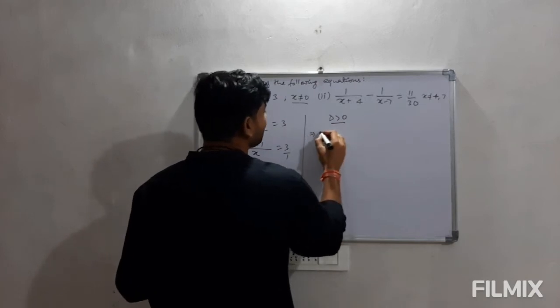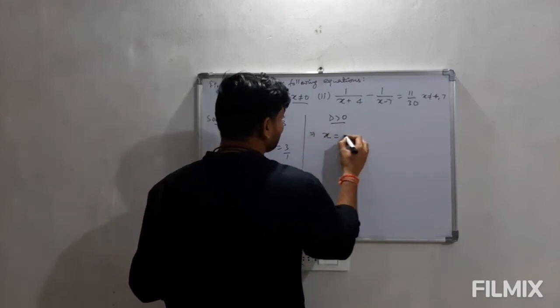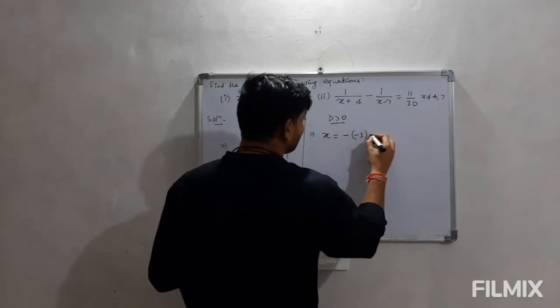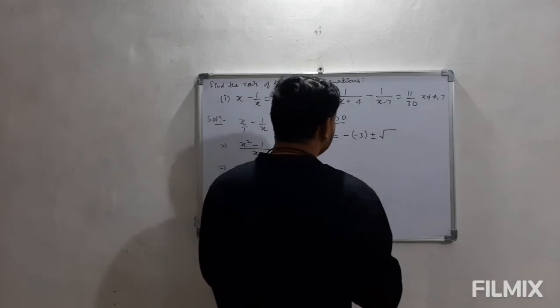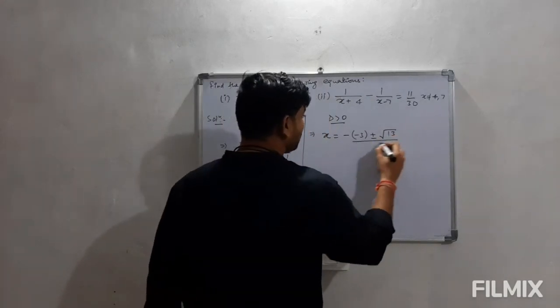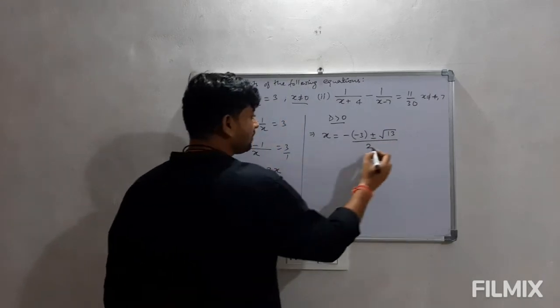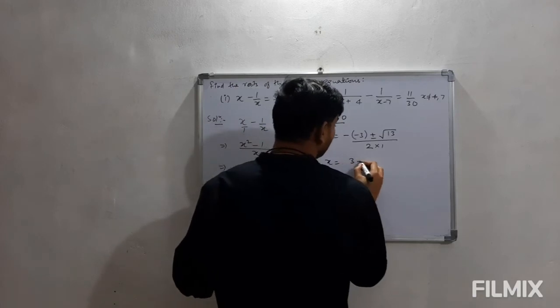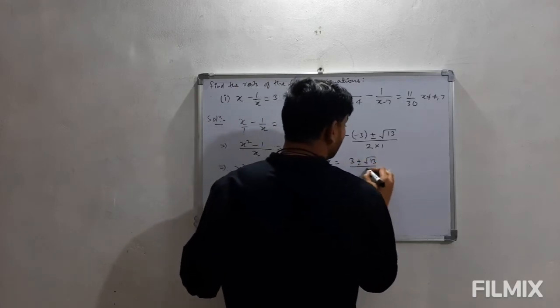So the roots by using the quadratic formula are x is equals to minus b, which is minus of minus 3, plus minus under root D. What is D here? 13. So root 13 upon 2a. 2 and a is 1, so into 1. So from here the value of x is coming out to be 3 plus minus root 13 upon 2.